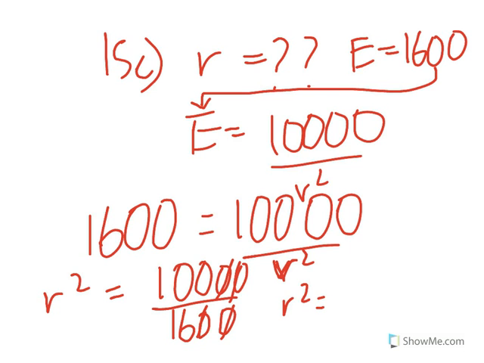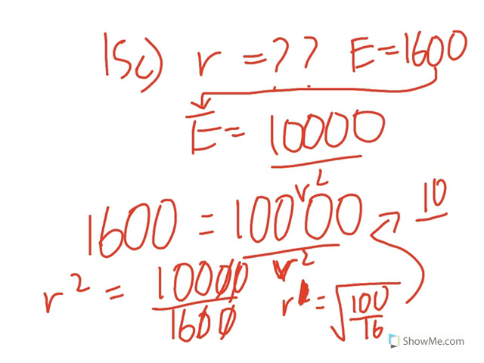So R squared is equal to 100 over 16, and taking the square root, R is equal to 10 over 4, which is equal to 2.5. So R is equal to 2.5.